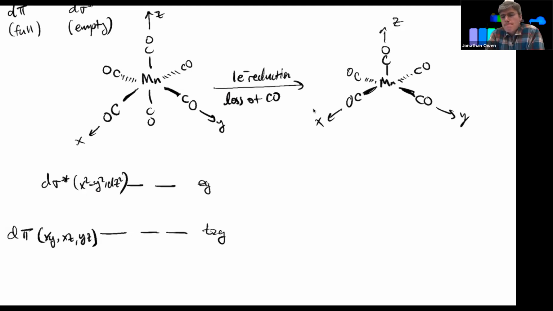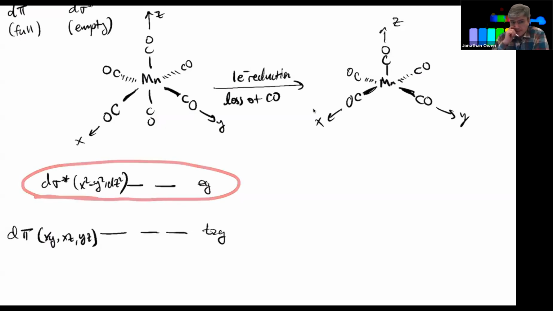The dz squared is on the z axis, and then the d pi is like you just told us. So xz and yz are in the plane of the page, so they're going to be pointing towards the ligands, whereas the xy is going to be pointing in between the ligands.